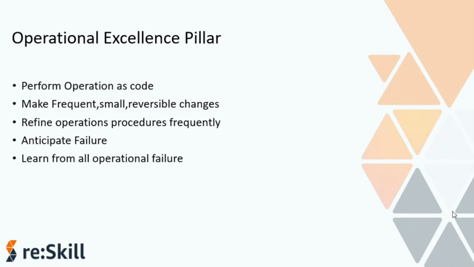Coming back to the second important thing: make frequent small reversible changes. Whenever you find that you can improve your operations, always feel free to make changes in your operational processes. Let's say you are running 200 servers, and you want to monitor them using CloudWatch or Config.